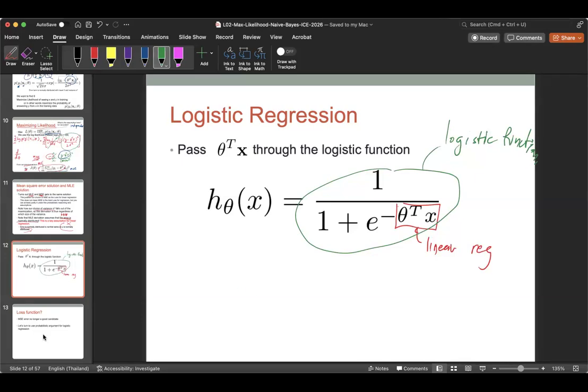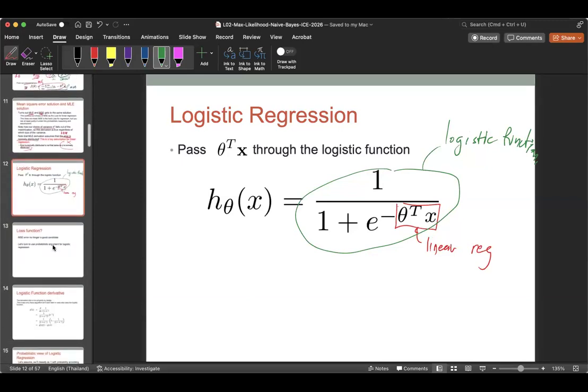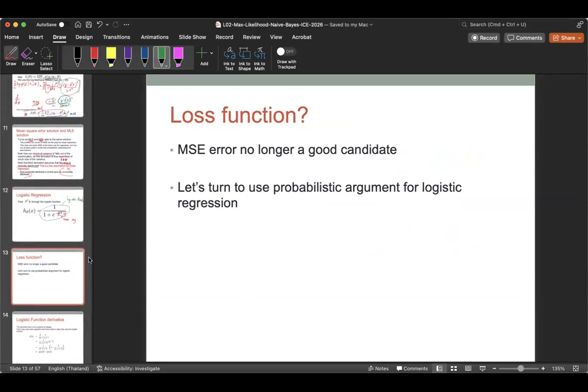Last time we said that MSE is not a good choice for the loss function. So in this lecture, we're going to use probabilistic arguments, just like we did previously, to find how to train the logistic regression model.